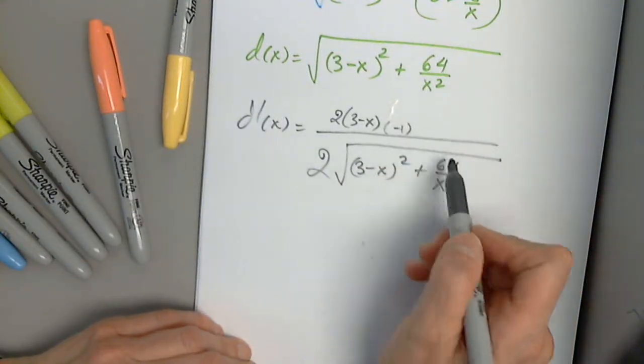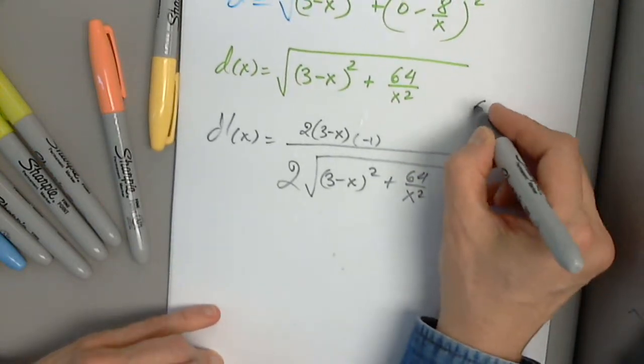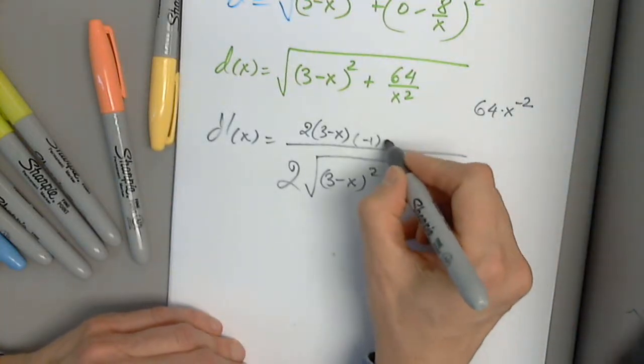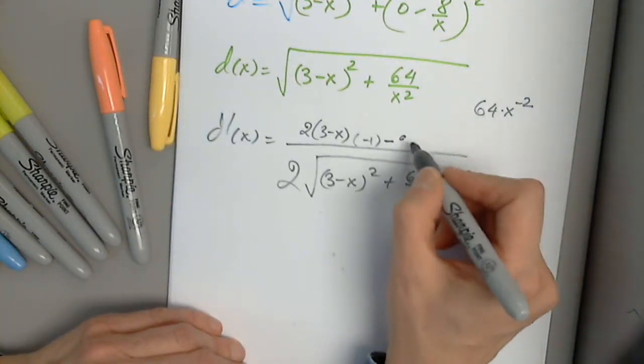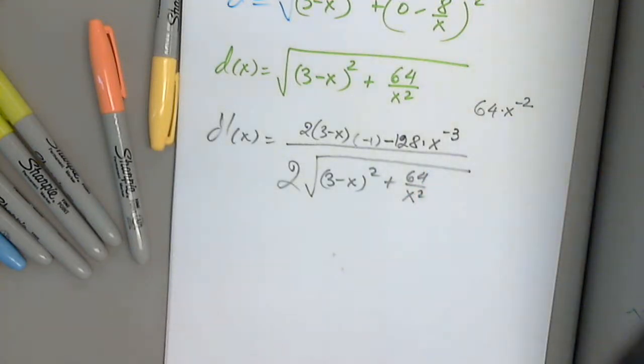And then let's copy 64 times x to negative 2. So this is times negative 128 times x to negative 3. So 64 times x to negative 2, bring down negative 2, negative 128 times x to negative 3. Yes, I know it kind of looks awful.